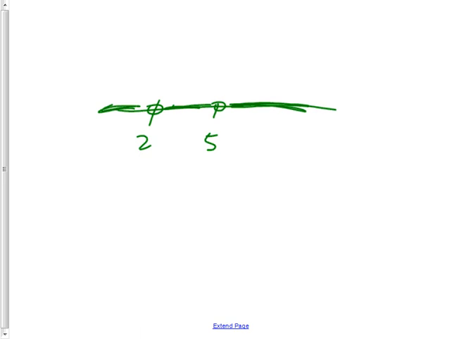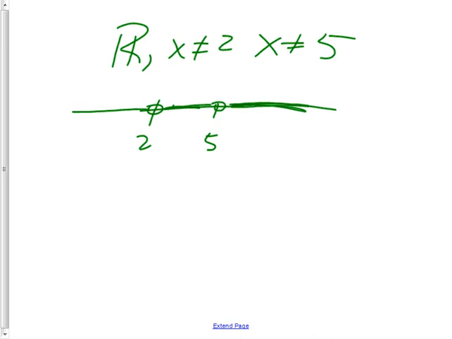You know what I mean? If everything else works, then it's a good way to say all reals where x is not 2 and x is not 5. But as soon as like this whole area didn't work, then it's more complicated. You'd have to say x cannot be less than or equal to 2, and then that's a sign we pretty much almost never use. But it actually would be okay.